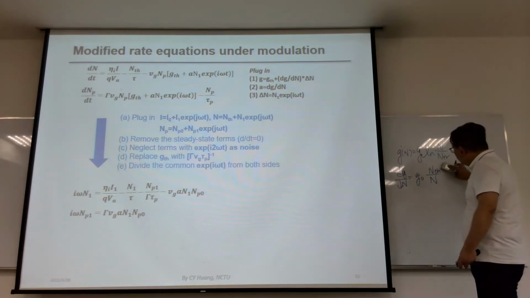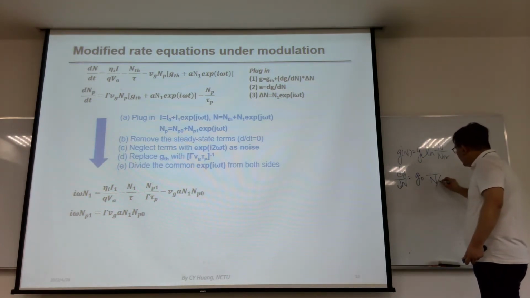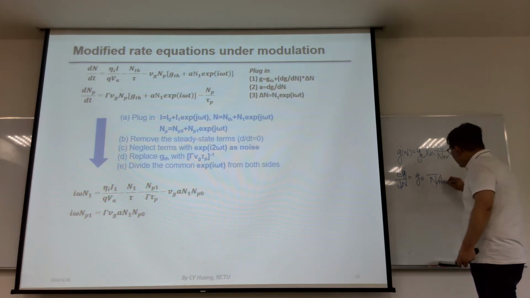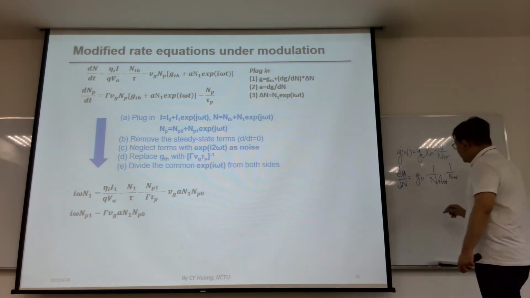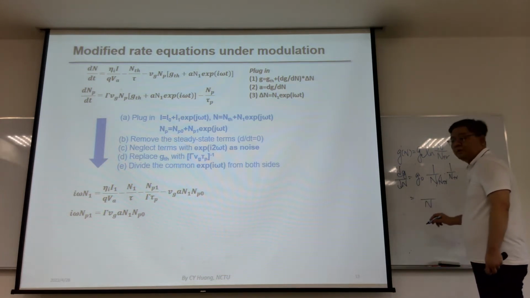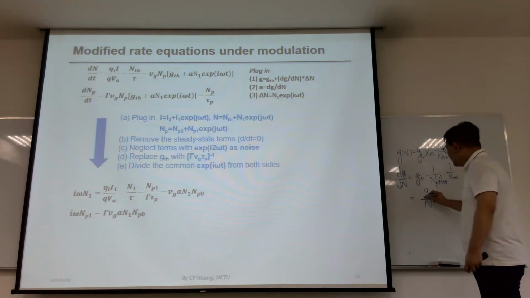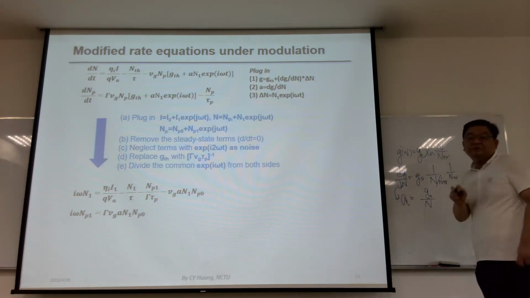Okay, that would be better writing now: n over n_ti over 1. And further, you have the n_ti over 1 for the chain rule. So it is n over g0.